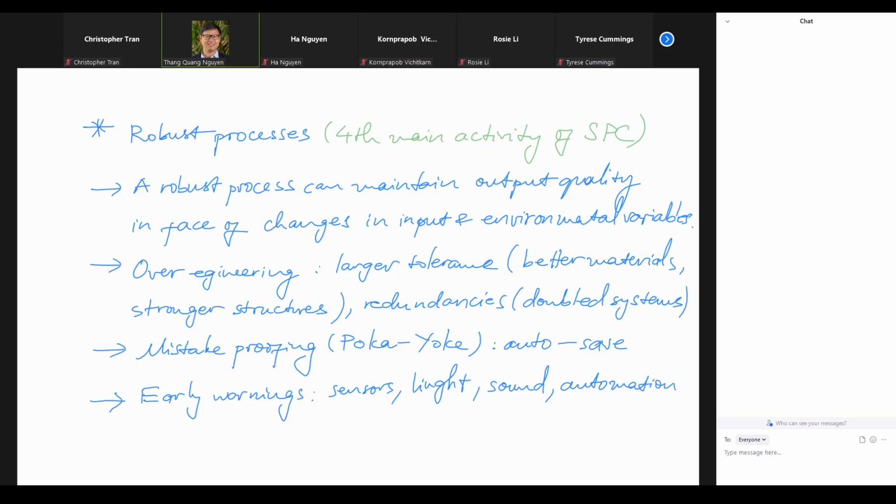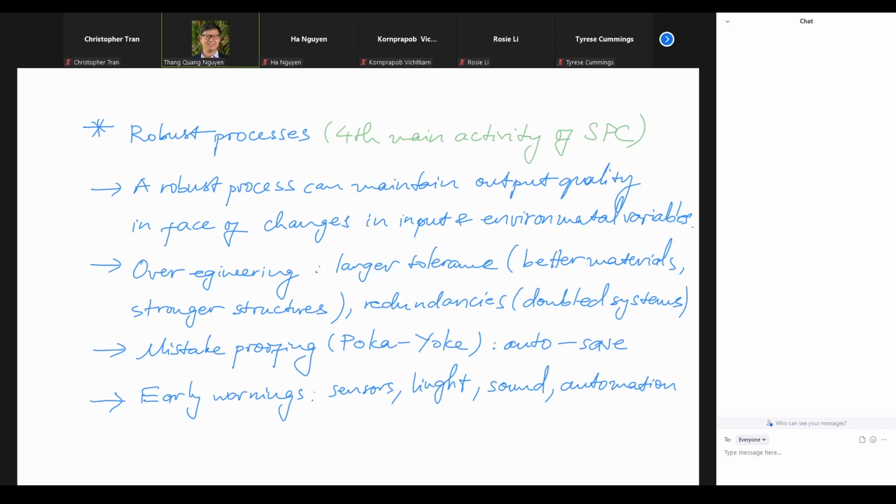For example, we need to microwave this food for 4 minutes. On the label, they say that it has to be 4 minutes, so just go ahead and do the 4 minutes. After 4 minutes, the microwave will shut itself down so that we do not overcook the food or cause any burns, things like that.